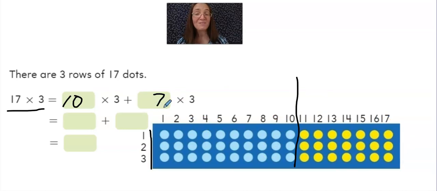And once again, I have some math facts that are a little easier for me to deal with. 10 times 3, I remember, is 30. But 7 times 3? I believe that's 21. And notice again, by breaking it into steps, I can easily add these together. 30 plus 21 will be 5 tens for the 3 plus 2, and 1 single 1 for the 0 plus 1. That is the product of 3 times 17.